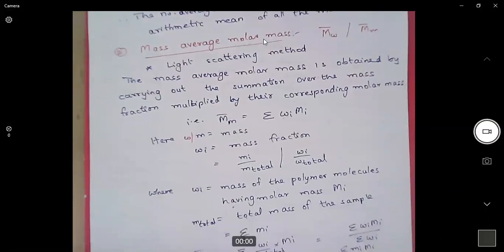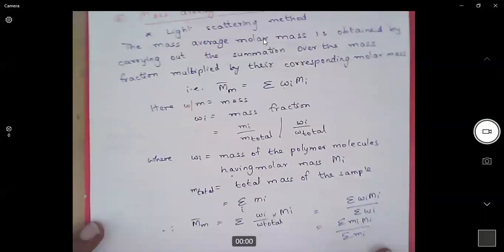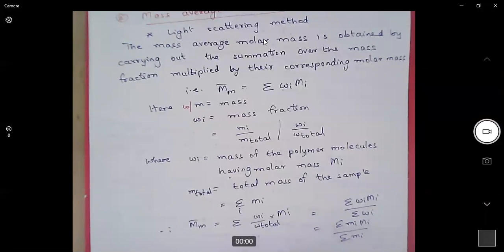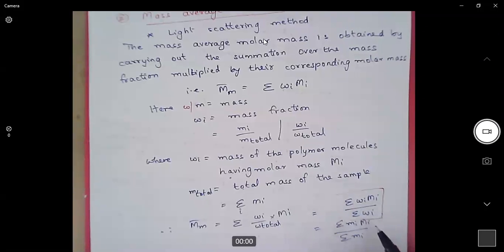Therefore, we can rewrite this formula. M_m bar is equal to sigma Wi Mi by W total, or sigma Wi Mi by sigma Wi, which is sigma mi. So we can write this formula either in terms of W or in terms of m.